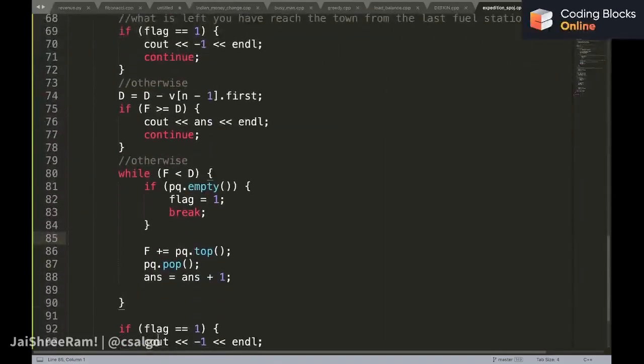The second component is about traveling from the last fueling station to the town, where you have this distance that needs to be covered, distance minus the distance of the last fueling station.